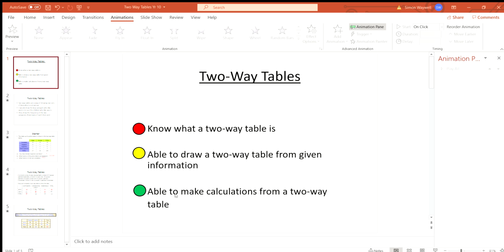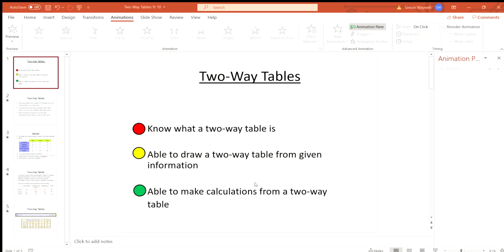So first of all, I'm going to look on here. I know that 12 boys liked EastEnders. I know 3 boys liked Emmerdale, and I know that in total there were 25 boys. So that means I can work out how many liked Coronation Street. So I can do 25, take away the 12, and then take away the 3, and that gives me 10.